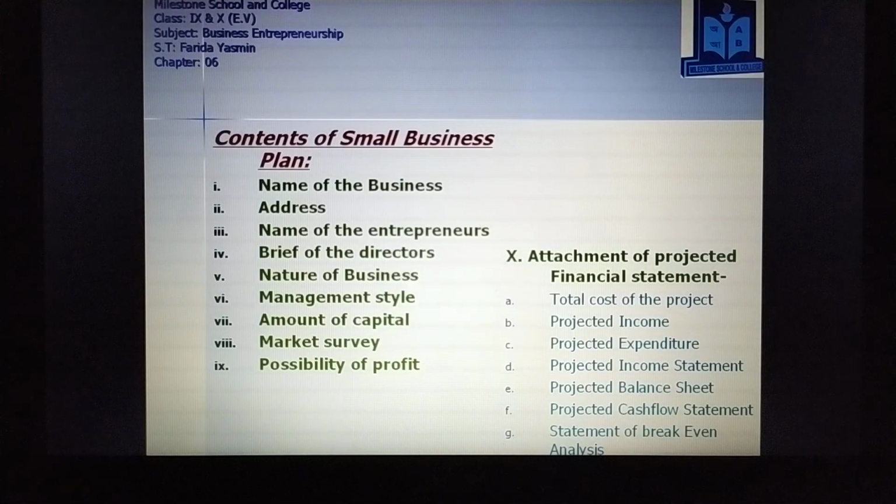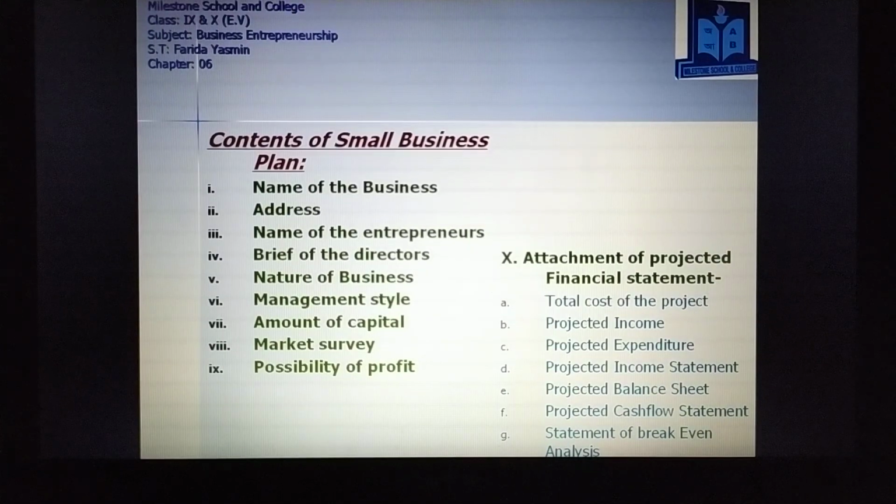Okay, which attachment should be included there? A, total cost of the project. B, projected income. C, projected expenditures. D, projected income statement. E, projected balance sheet. F, projected cash flow statement. G, statement of break-even analysis.